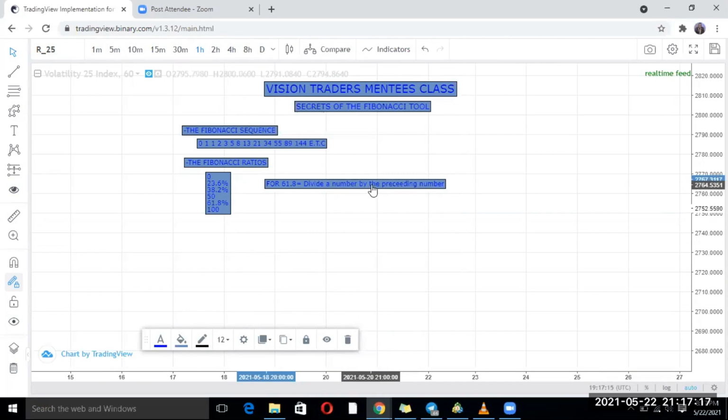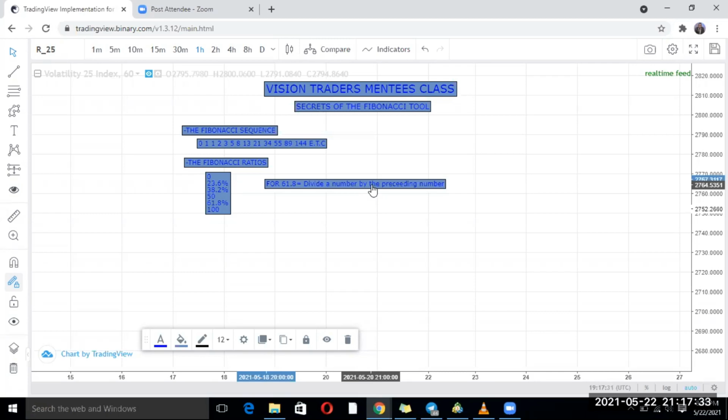He picked a number at random, whether 55, 34, or 21, divided that number by the preceding number, and so you get the 61.8 Fibonacci ratio.